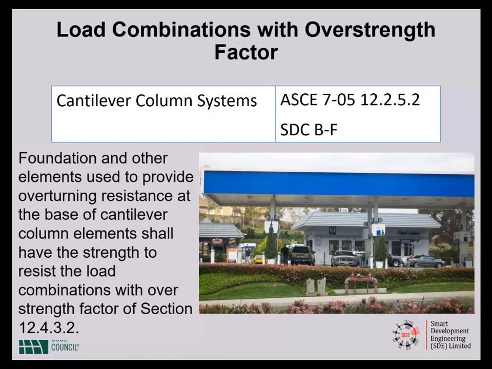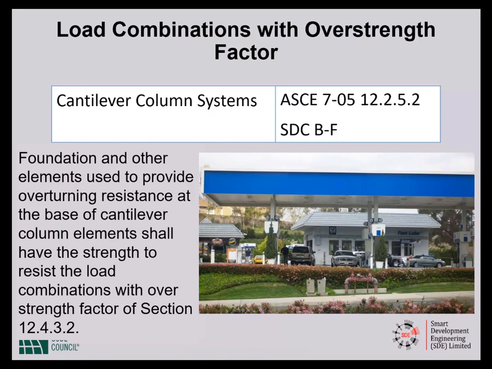The first place ASCE 7-05 requires the design load combinations with overstrength factors to be used is in the design of foundations of cantilever column systems. You don't even have that in BNBC.